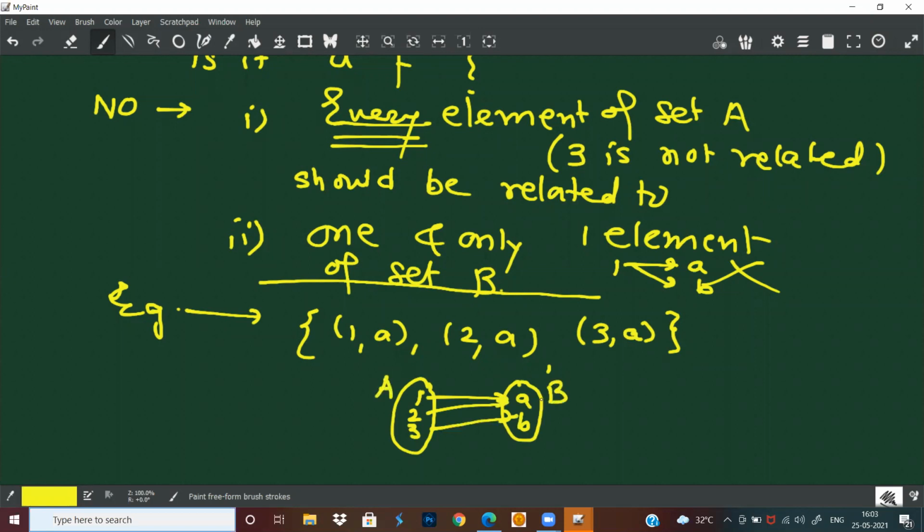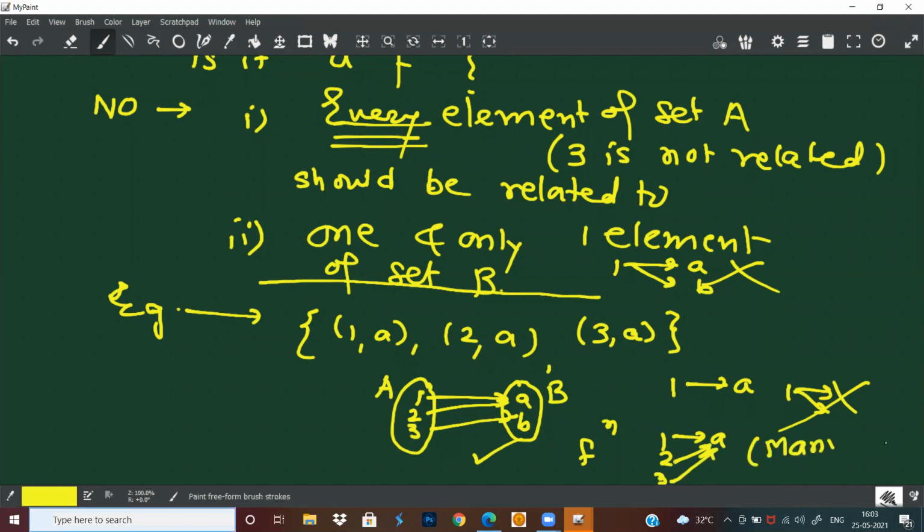Maybe the same one, maybe different, but all are going to A. So 1 is going to only A. It is not related to more than one. It has only one image. Correct? So this is a function. 1 is going to A, 2 is also going to A, 3 is also going to A, more than one going to the same one. So it is many to one.